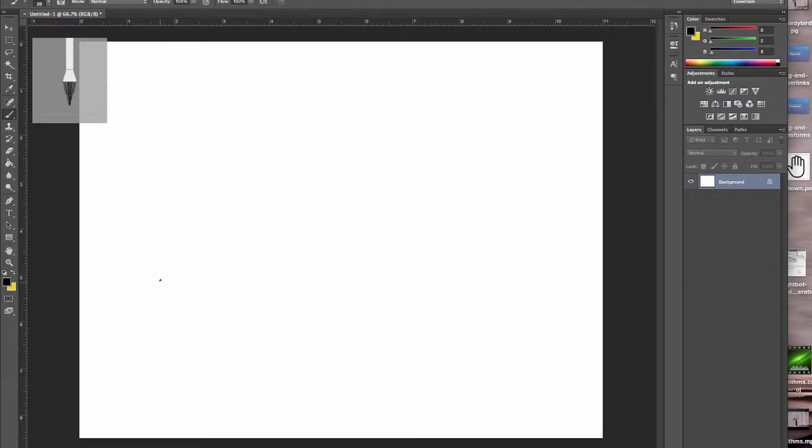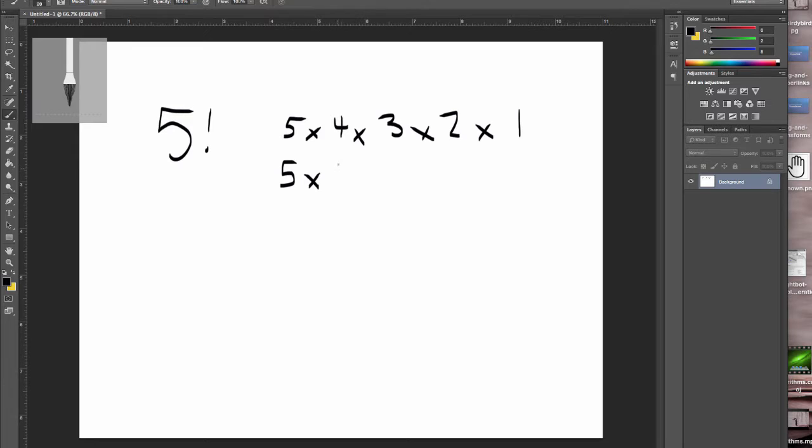One of the ways that helps me think about this is to look at a math term. If you're familiar with factorials, let's say you have 5 factorial. That's where you have 5 times 4 times 3 times 2 times 1. But writing that is the same thing as also writing 5 times 4 factorial.